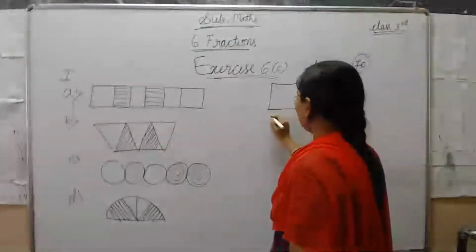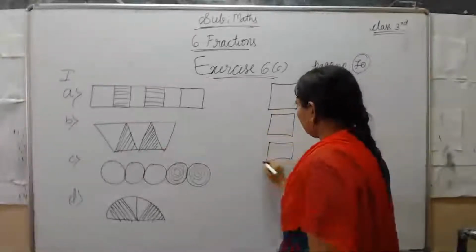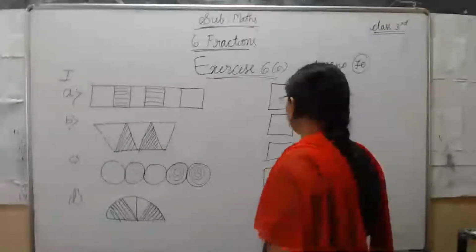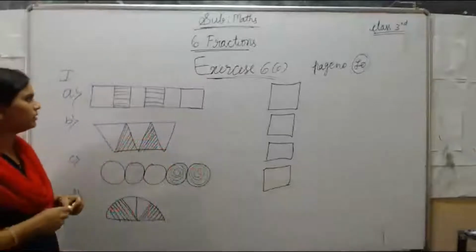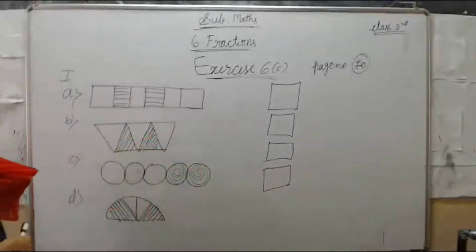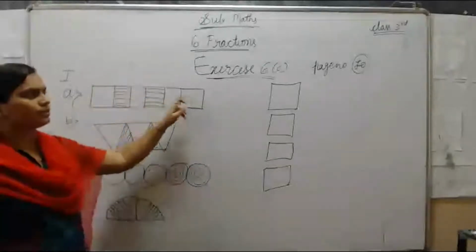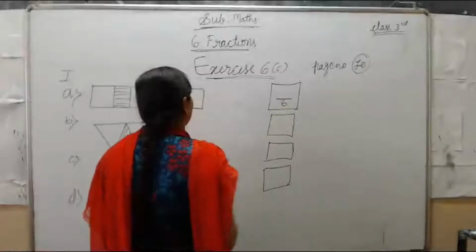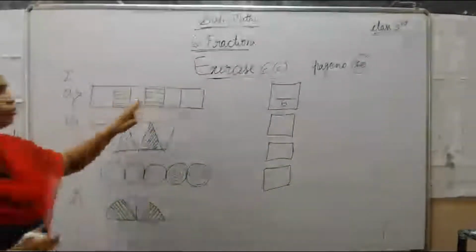Here, boxes are given. In this one, first we have to count the total number of shapes. 1, 2, 3, 4, 5, 6. This 6 comes in the denominator. How many parts are shaded here? 1, 2.